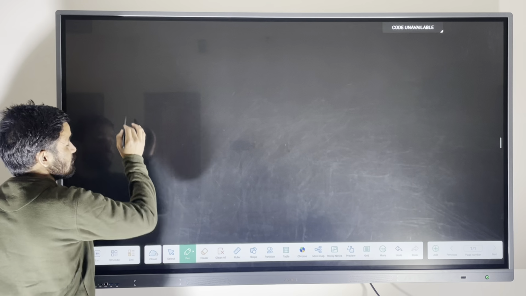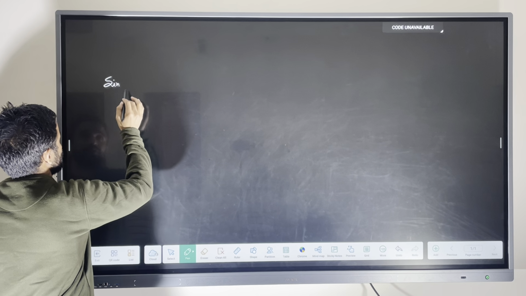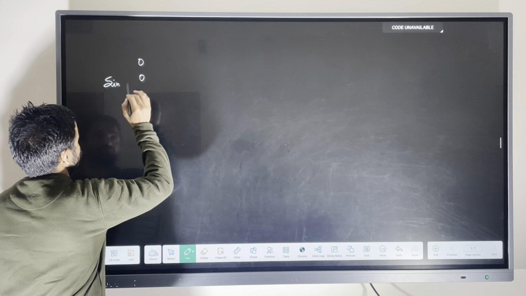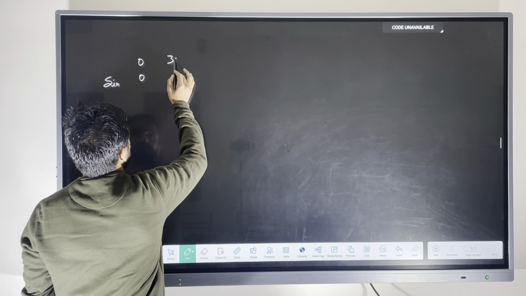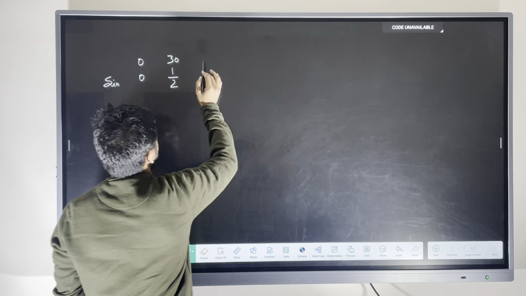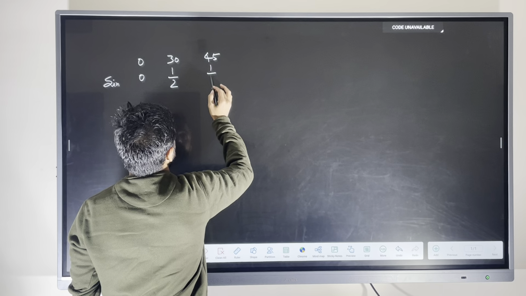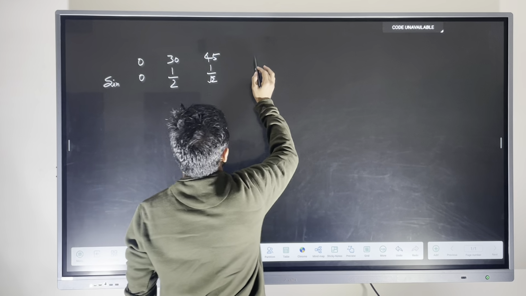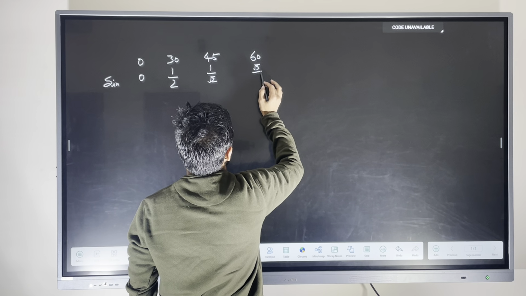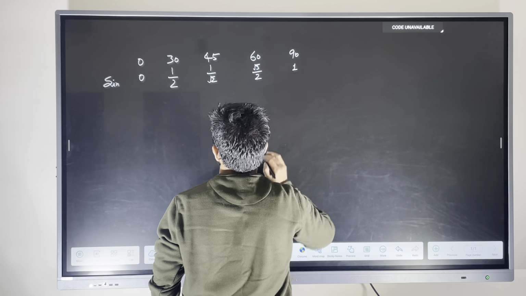As we discussed in the last class, sine 0 is 0, sine 30 is 1 upon 2, sine 45 is 1 upon root 2, sine 60 is root 3 by 2, and sine 90 is equal to 1.